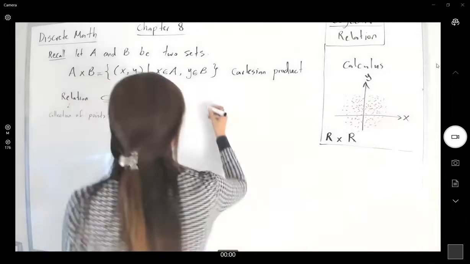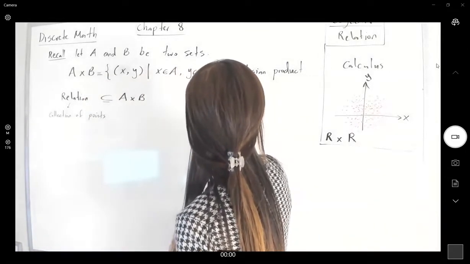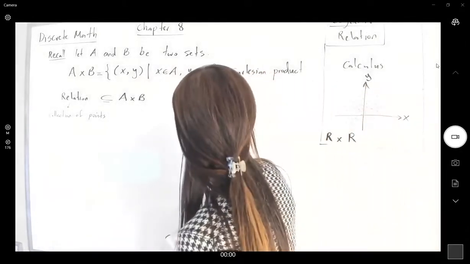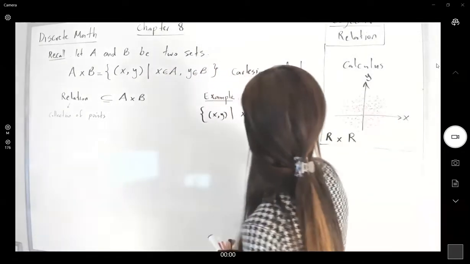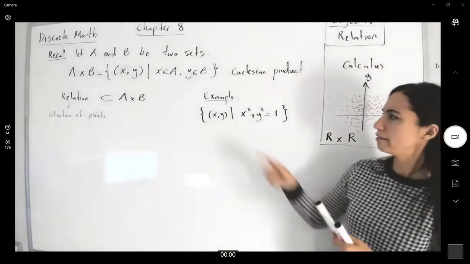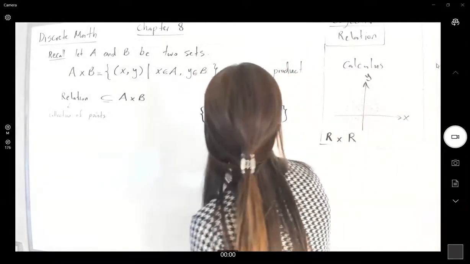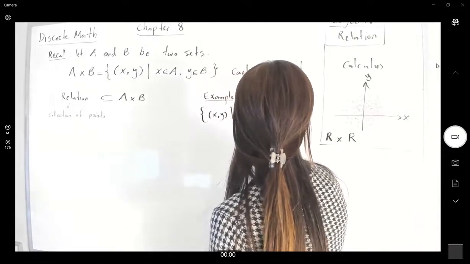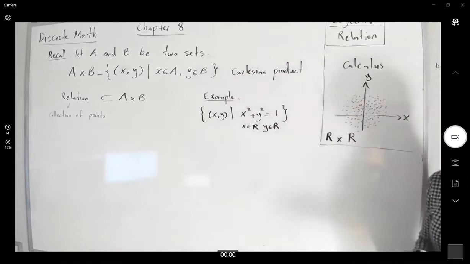So, for example, if I consider this set, the set of all (x, y) such that x squared plus y squared is equal to 1, we say that, okay, I know this relation. I suppose this is in R: x in R, y in R. Otherwise, we have some dots in the XY plane.